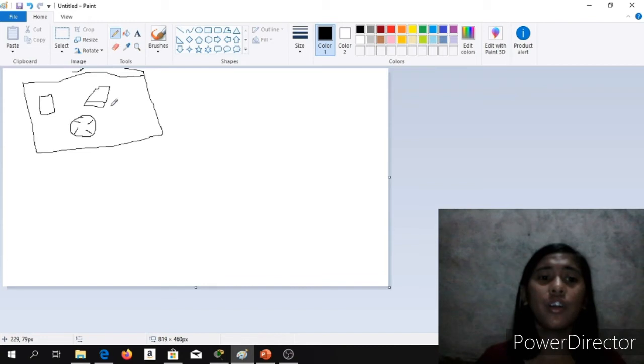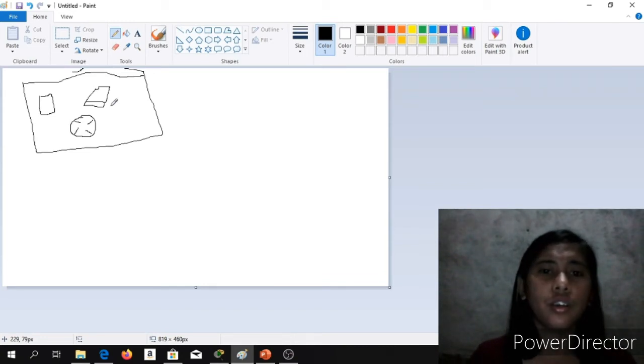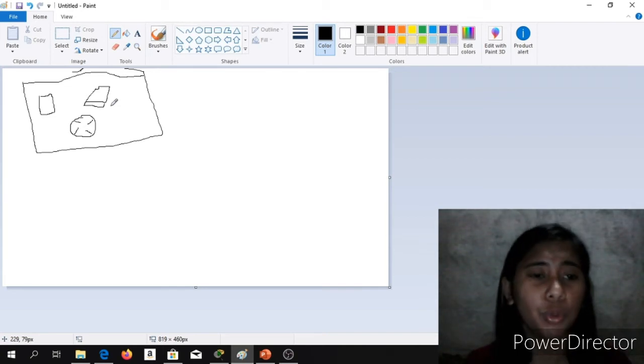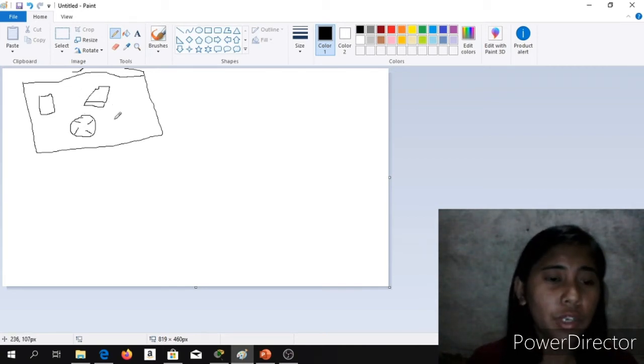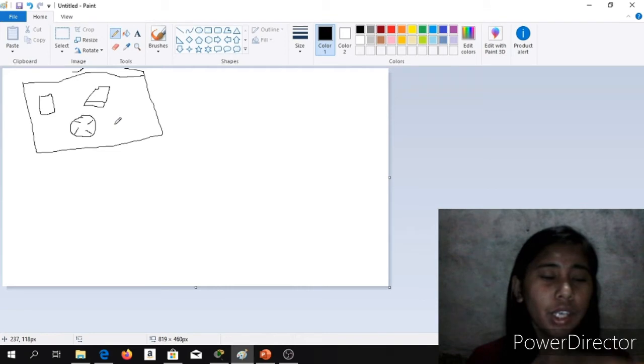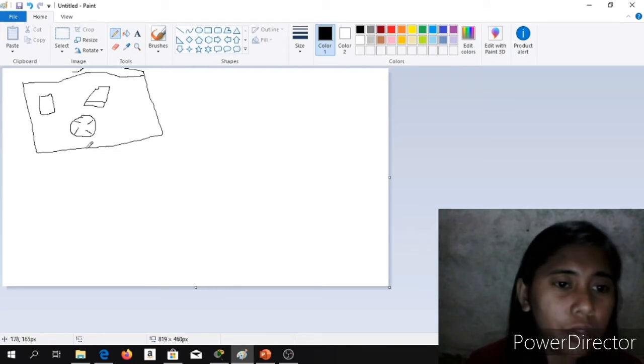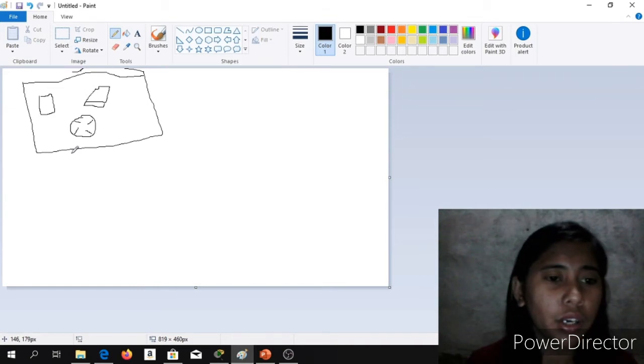Later on, I will be using a packet tracer so that you can understand what I'm doing right now. For example, this one is for the Philippines.